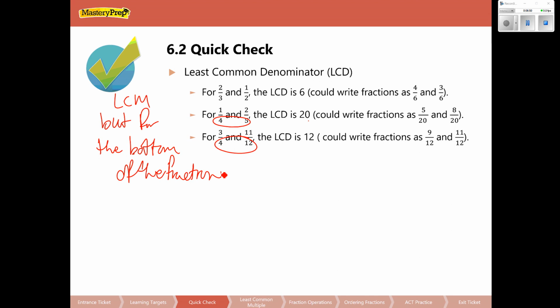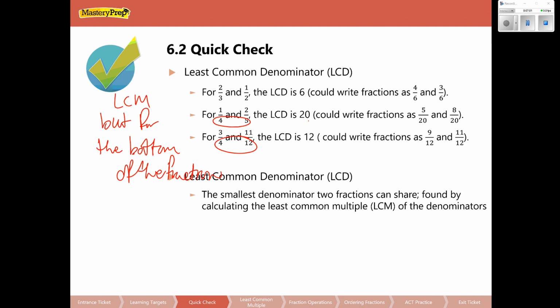The only difference between LCM and LCD is that LCD is looking at the bottoms of the fractions. It's the smallest denominator two fractions can share, found by calculating the least common multiple, because we use the least common denominator to get them to be the same so we can add or subtract them together.